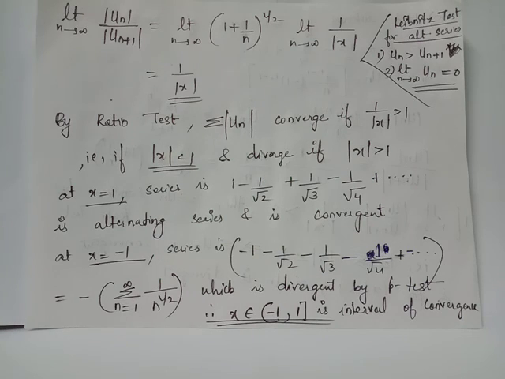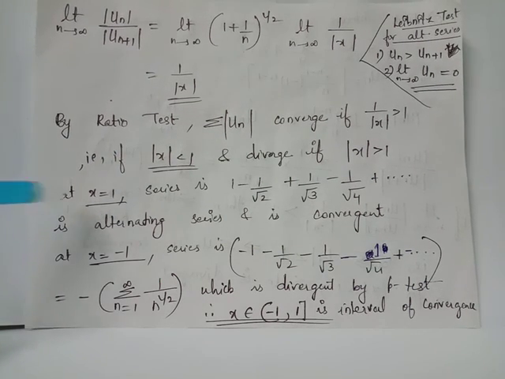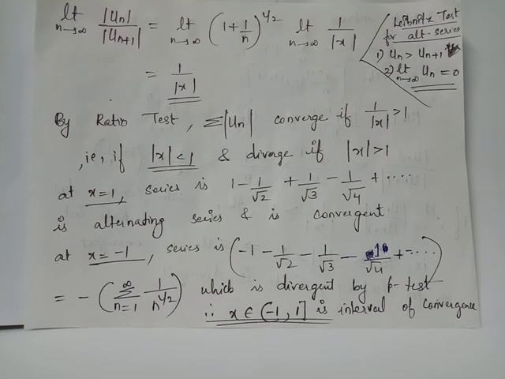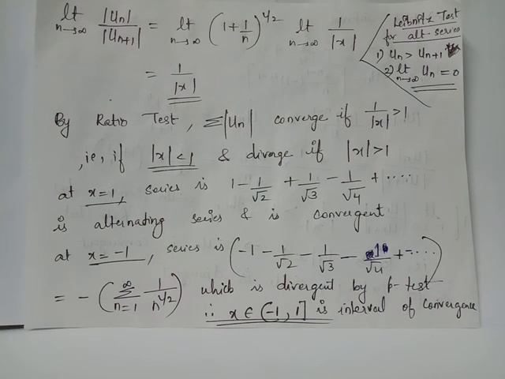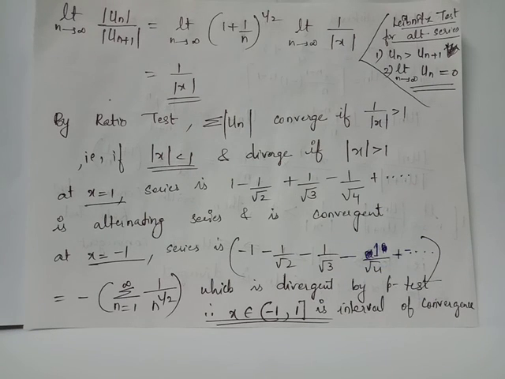Therefore, for modulus x less than 1 and for x equals 1, the given power series will converge. Simultaneously, we have for modulus x greater than 1 and at the point x equals minus 1, the given power series will diverge. Therefore, the interval of convergence will be x belongs to open minus 1 comma closed 1. For all x values belonging to this interval, the given power series will converge.